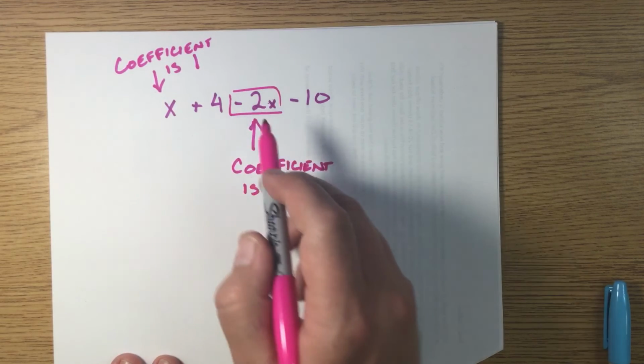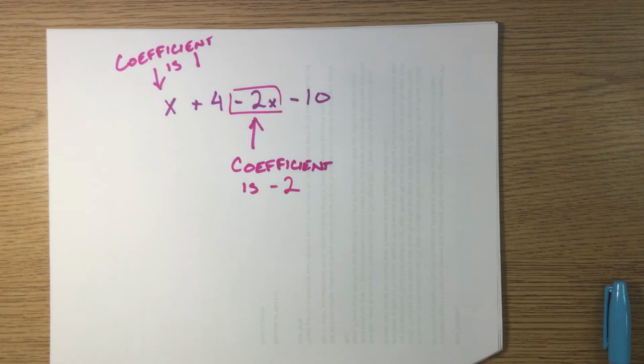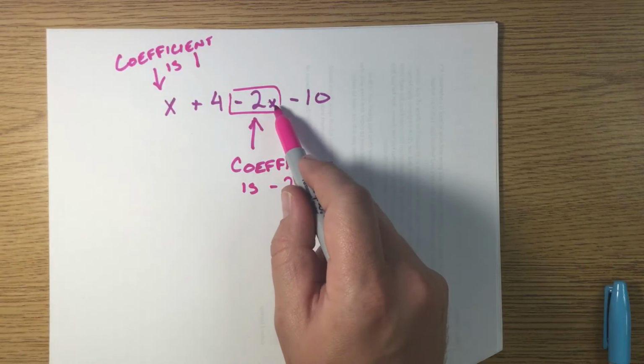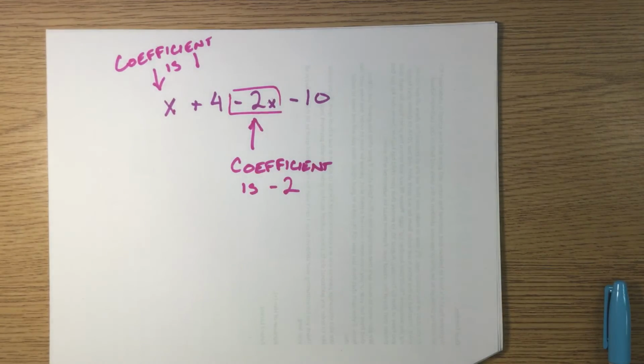So my coefficient here is not 2, it is -2. All right? But that doesn't change the fact that x is a like term, or an identical variable part to the x over here as well. So just remember that in just a moment when we identify the like terms.